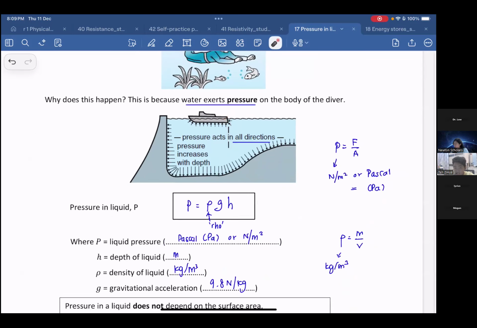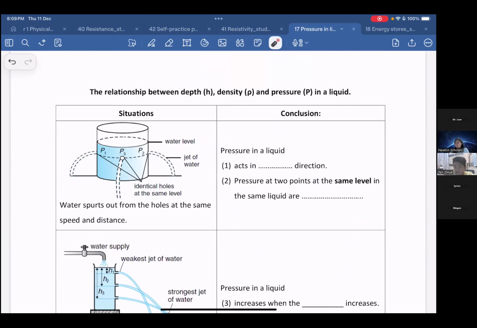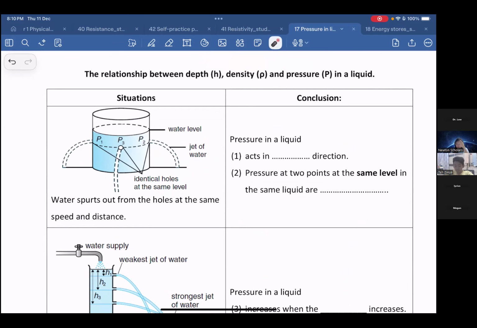Okay, we go to page number 2. You learned pressure in liquid in year 9. We have a few situations here from which we can draw conclusions. Pressure in liquid acts in all directions. How do I know?